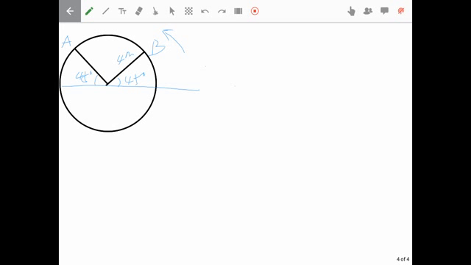Okay, so that means at position A and B, they should have the same speed, 4 meters per second, right?